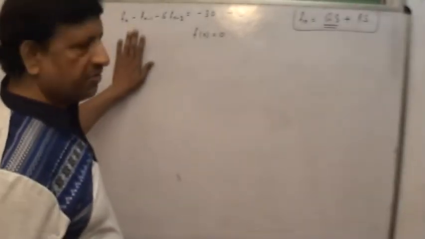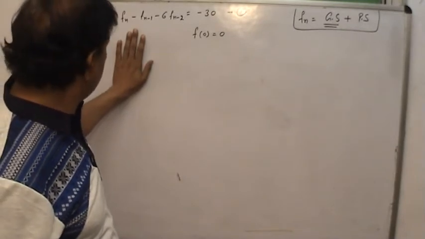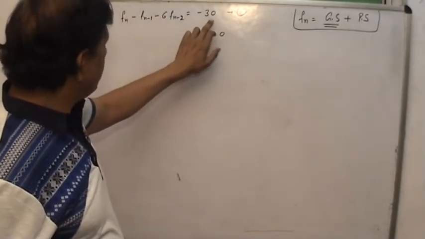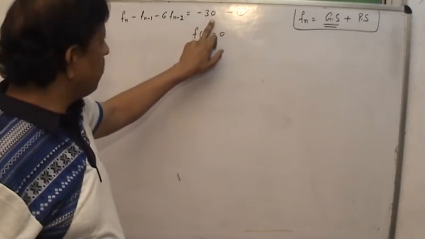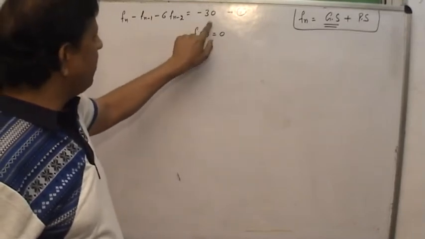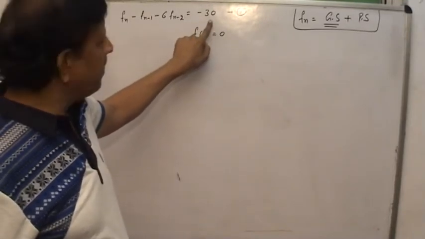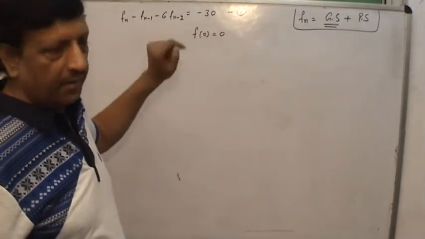This recurrence relation is different from the recurrence relations we discussed previously, in that it contains a constant term on the right hand side. Rather, it does not contain n. It does not contain any term which depends upon n. But the constant itself is a problem for this recurrence relation.